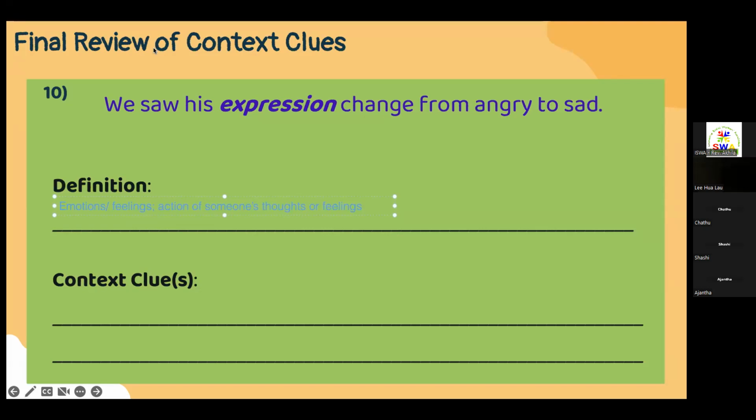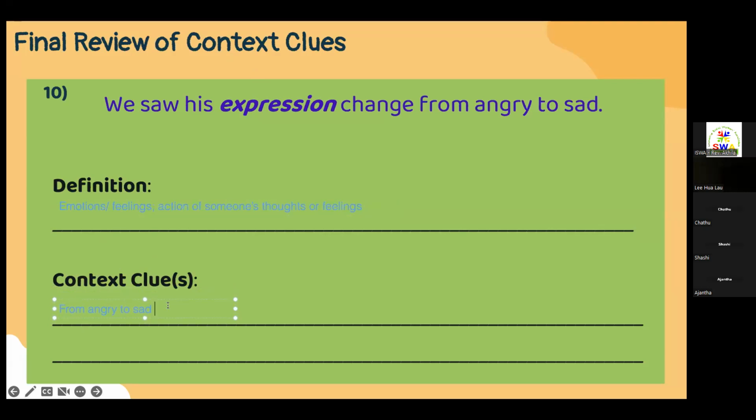Okay, good. That's great. From angry to sad, right? Okay, thanks. So this one, what type of context clue is being used here? Remember earlier I said that there are some parts where they do try to explain.